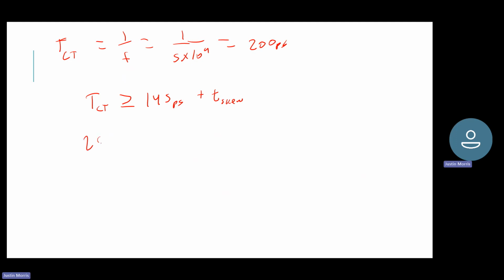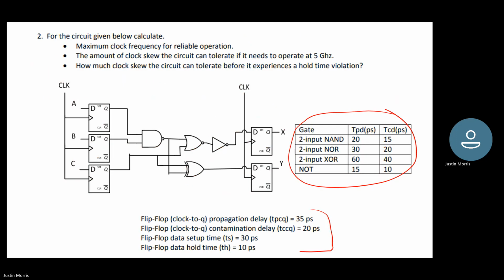And our cycle time is 200, so T skew needs to be less than or equal to 55 picoseconds. That's our maximum clock skew. So comparing the clock from here to here, the maximum difference can be 55 picoseconds.